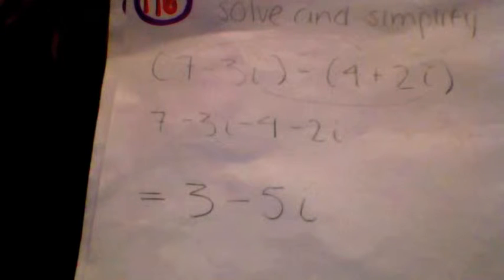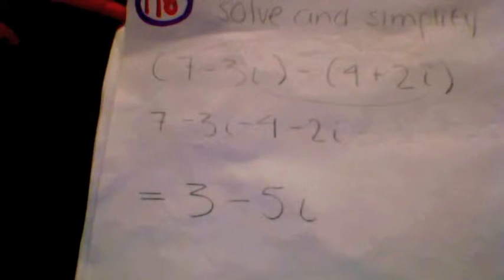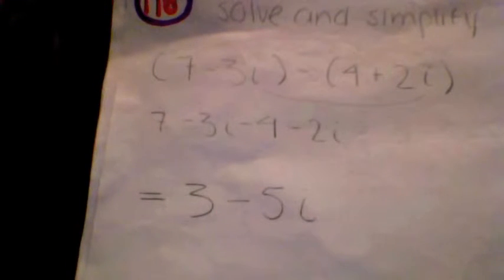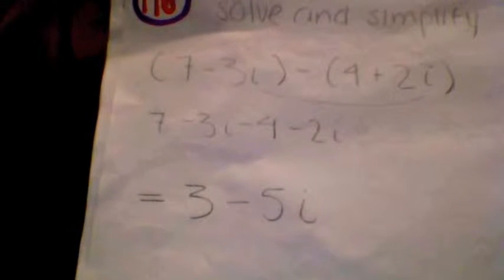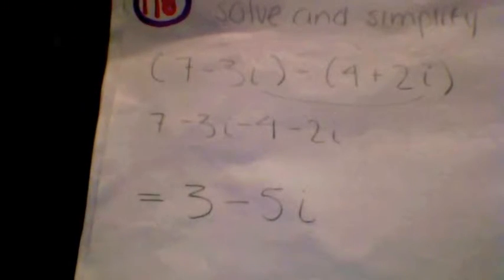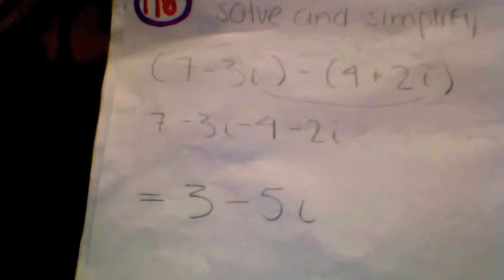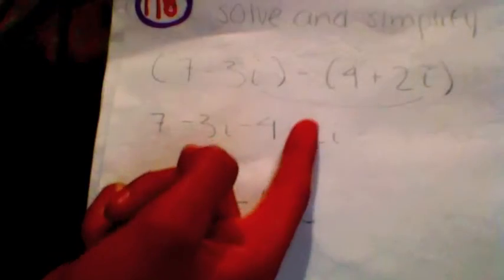Well, I'm Eugenio Garibay and I'm going to explain problems 118, 129 and 134. Our first problem, 118, we have to solve and simplify for real numbers and for i. As you can see, here is the problem, and what we have to do first is distribute the negative sign in these parentheses.